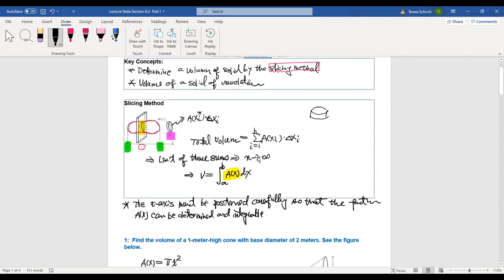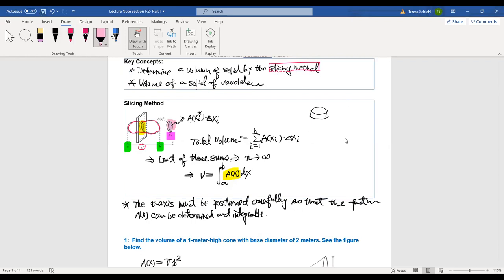The key thing is you need to make sure you position your x-axis very well. Then you will be able to find your area. Like we always use the pink, this little disc will be easy to find.